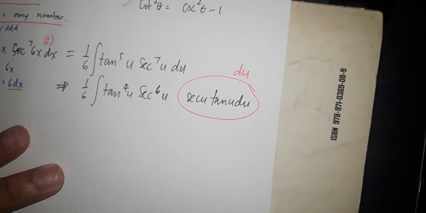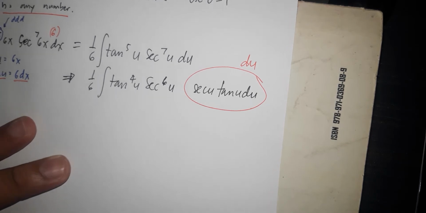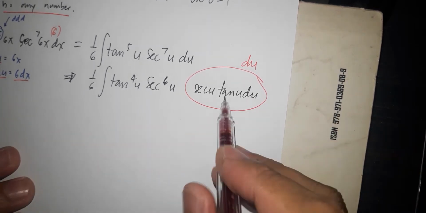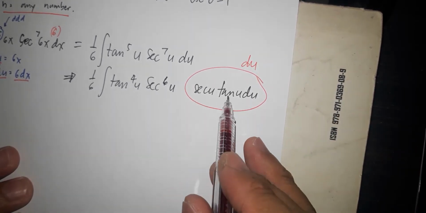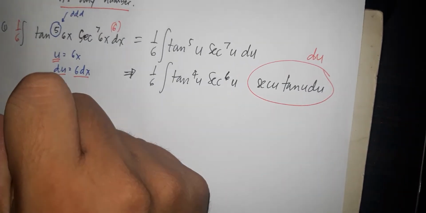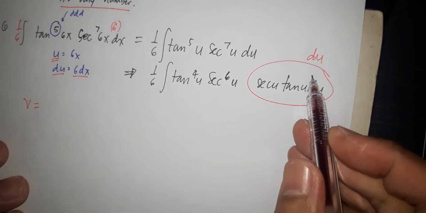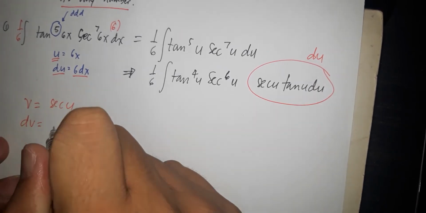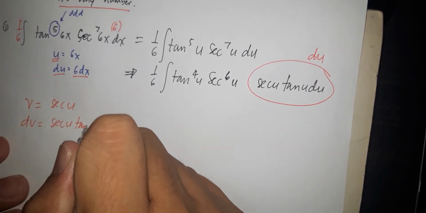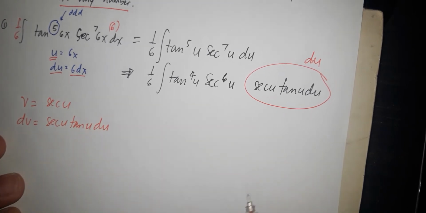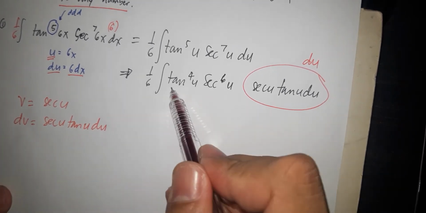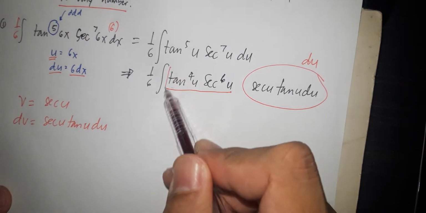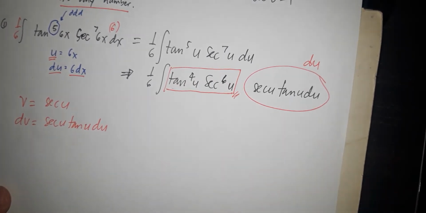So, yan ang ating gagawing preferred differential. Dapat ang ine-expect nating differential dyan ay secant of u, whose derivative is secant u, tangent u, du. Ibig sabihin, dapat lahat ng nandito ay naka-express into secant function.